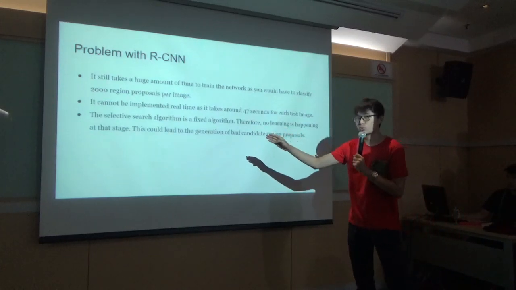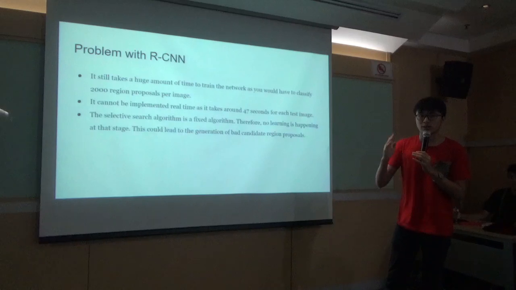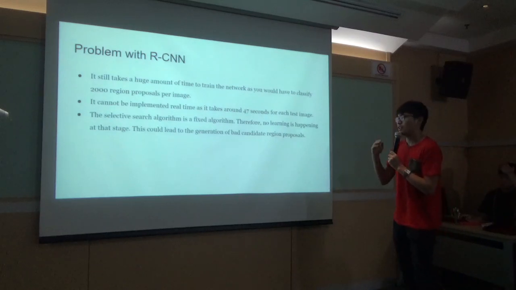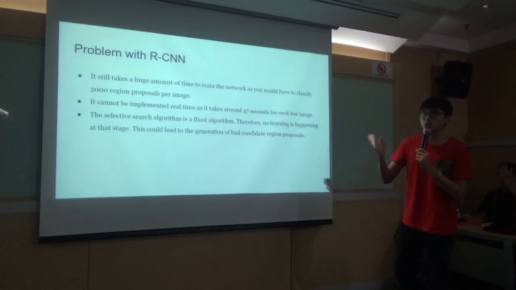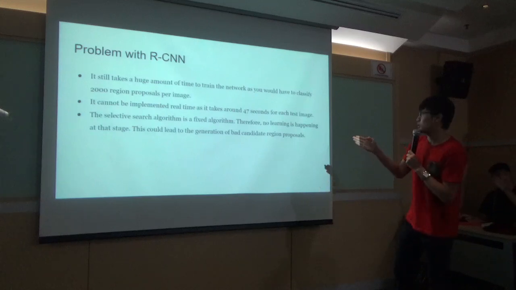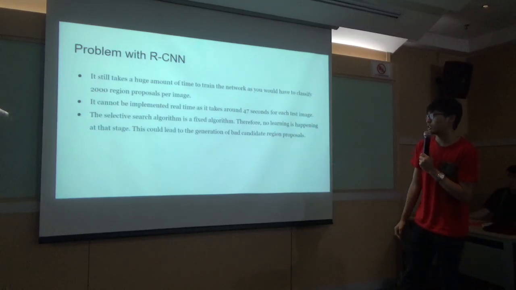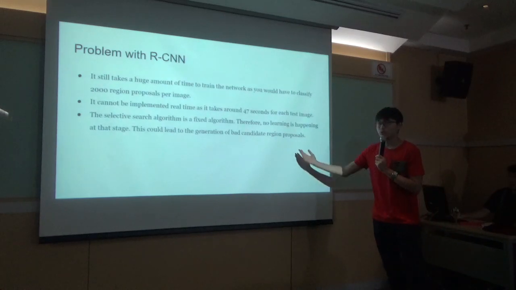There are a lot of such algorithms, not only selective search, but the main point is it's fixed, so it cannot be trained. Therefore, no learning is happening at this stage. This could lead to the generation of bad candidate regional proposals.